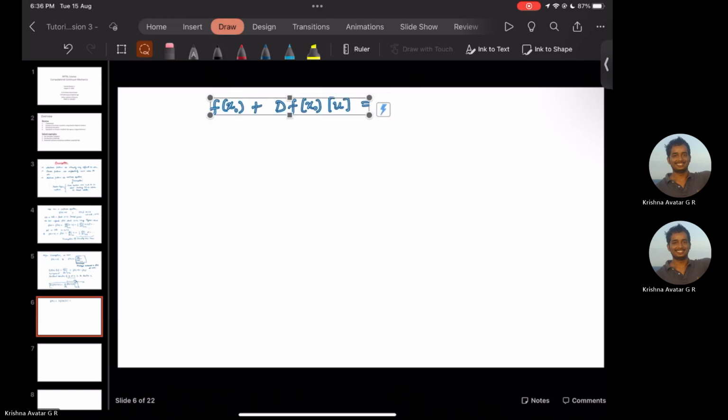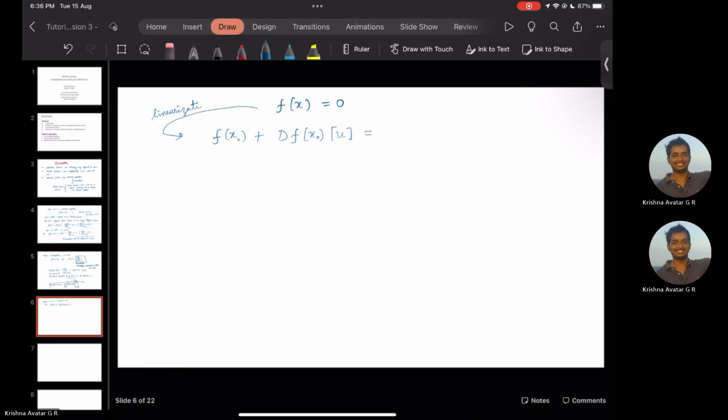Initially we had f of x equal to 0. This linearization gave us this, where x naught was some guess point.